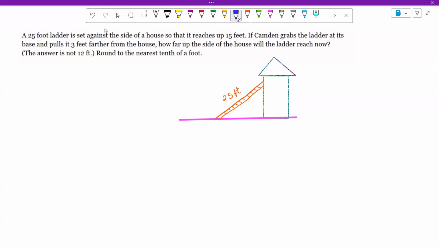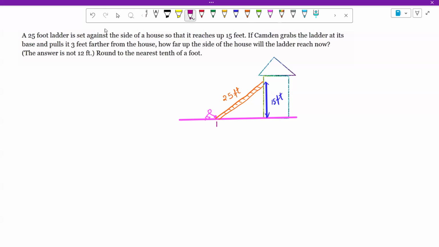And of the house so that it reaches up 15 feet. So up to here, however much it is, it's actually reaching 15 feet. If Camden grabs the ladder at its base, so there is some person and they have just grabbed the ladder from here, and pulls it 3 feet farther from the house.